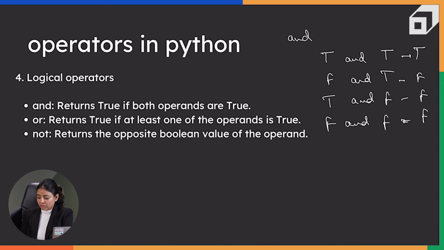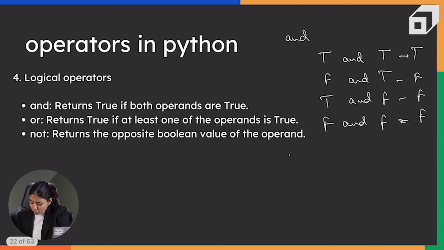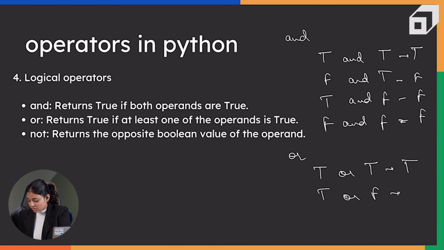For the OR operator, what it does is it will return me true if any of the operands is true. So true or true will give me true, of course. True or false will also give me true, because at least one of the operand values is true. False or true will also give me true.